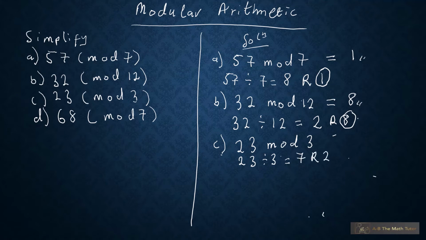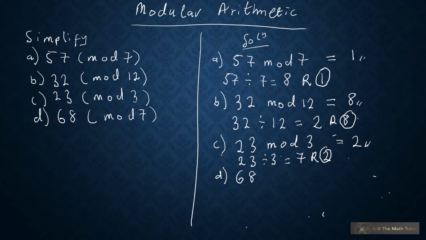And so since 2 is the remainder, then this is equal to 2, or it's congruent to 2. I'm sure it's so easy for you now.